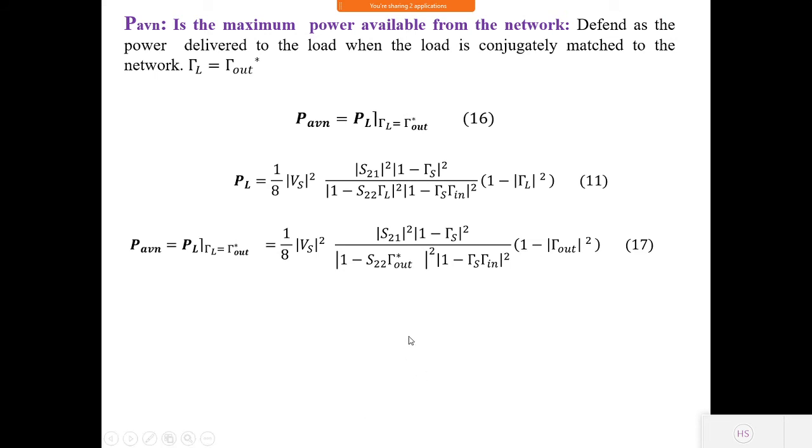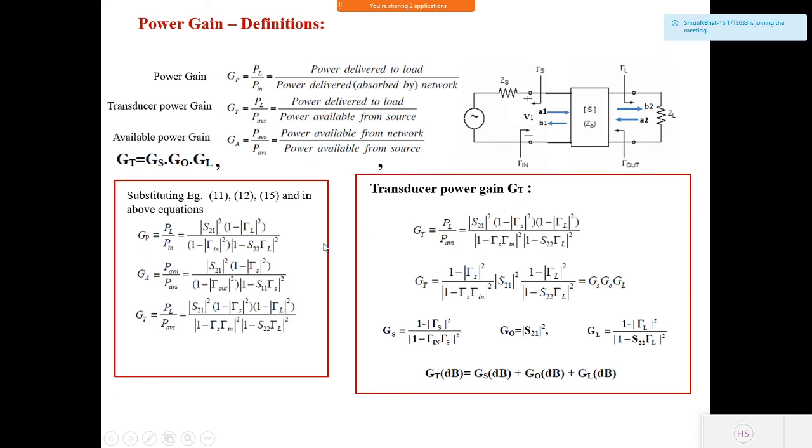Now, using these four power definitions, we have to define the gain, because gain is very important. What is the output power if you input something? So we are inputting a power PIN. What is the output power? PL.